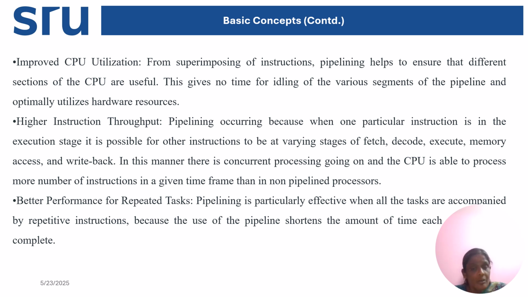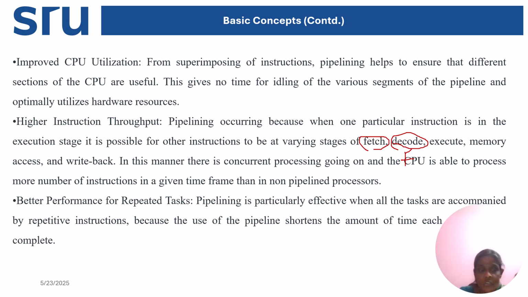The first instruction enters only the fetch stage, and when it enters decode, the second instruction comes into the fetch stage. That is what is mentioned here. So two instructions will not come into the same stage, they are in different stages. Then the confusion will not occur. It will go on smoothly.